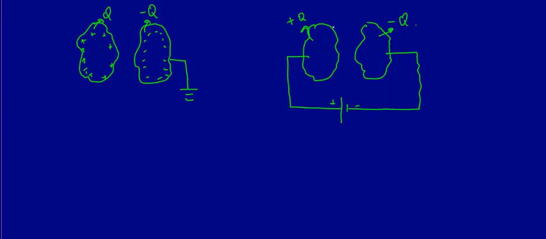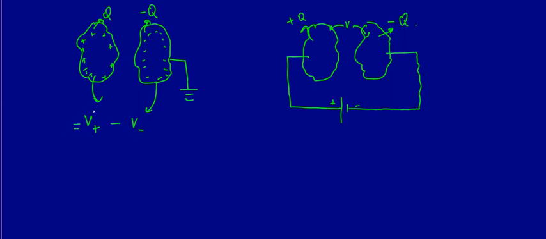There is of course a potential difference that is now attained. Ideally we should have written the potential of the positive plate as V plus and the potential of the negative plate as V minus, so that the potential difference between them would have been V plus minus V minus.